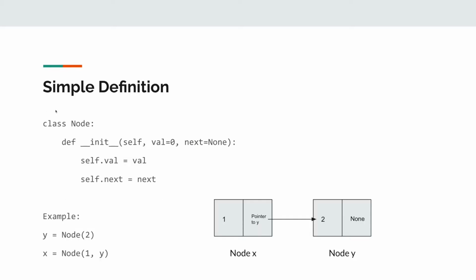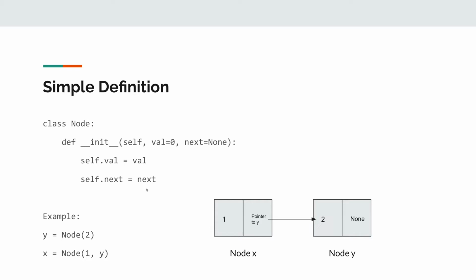And here's a very quick and simple definition of a linked list in Python. We can define a class called Node, and the class has 2 different variables. Number 1 is the value, denoted by val, and number 2 is the next pointer that we saw in the previous slide. The val variable contains the node's data, and the next variable points to the next node.